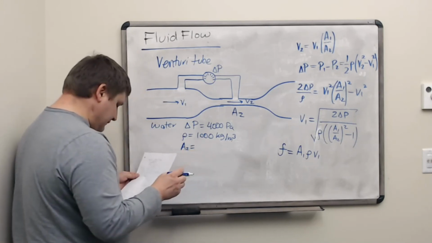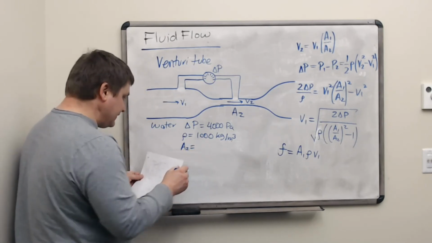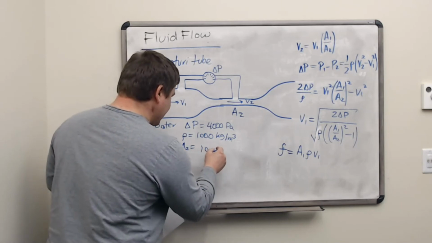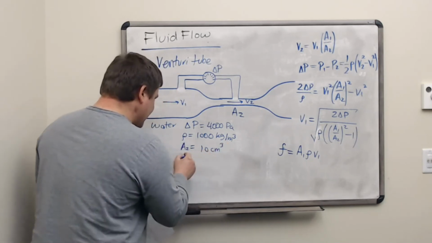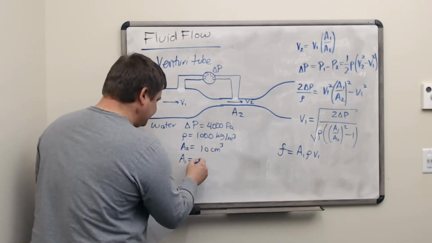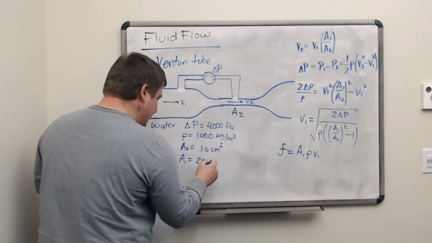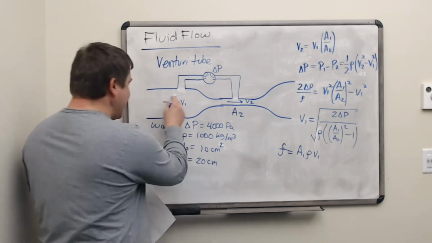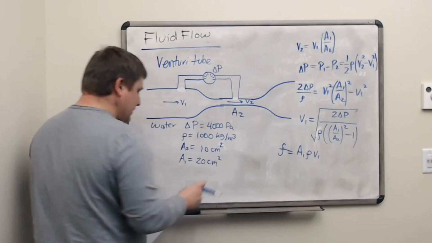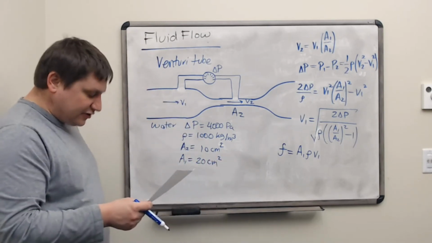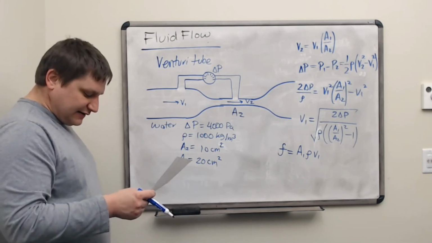And let's take it as a given that in this system, the constriction had a cross-sectional area of 10 square centimeters, and the regular tube A1 had a cross-sectional area of 20 square centimeters.